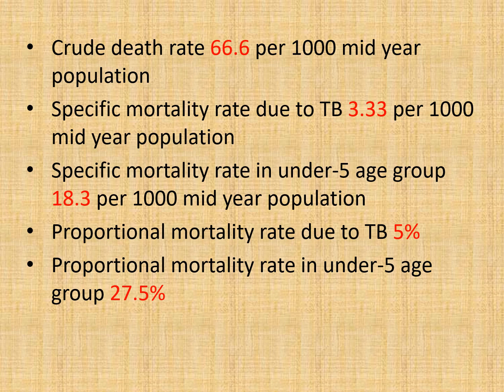Then proportional mortality rate due to TB is 5% and proportional mortality rate under 5 age is 27.5%. You have to remember all the morbidity and mortality statistics, and based on the scenario given in the exercises, you can calculate prevalence, incidence, and different morbidity and mortality statistics.